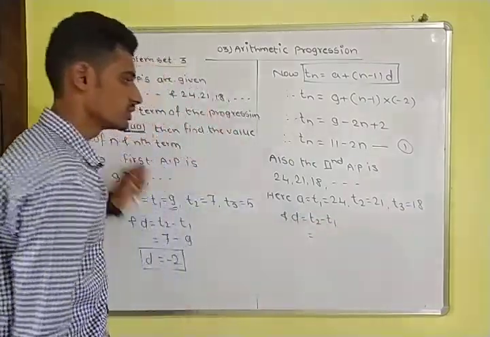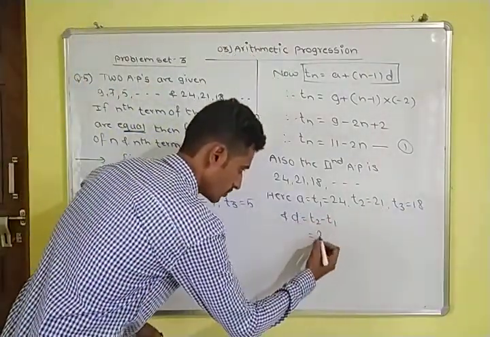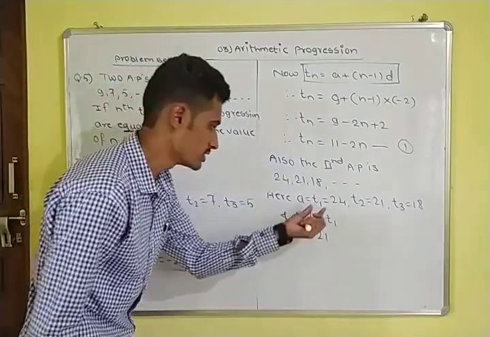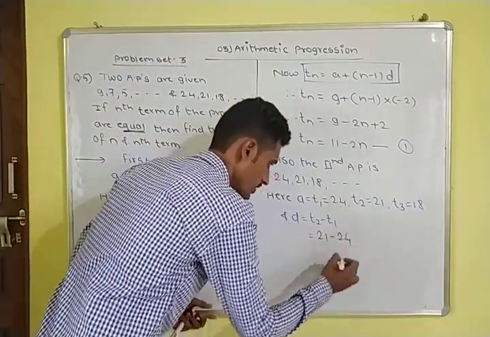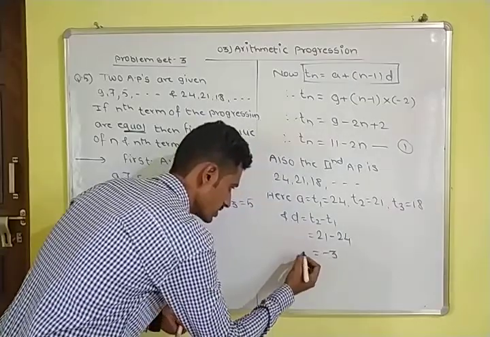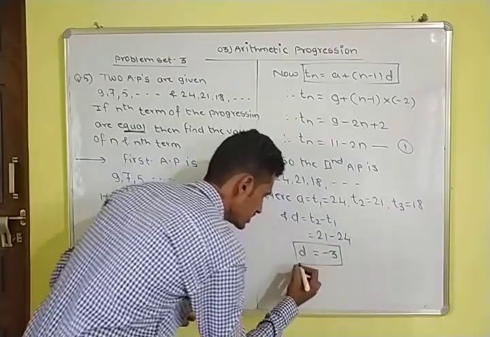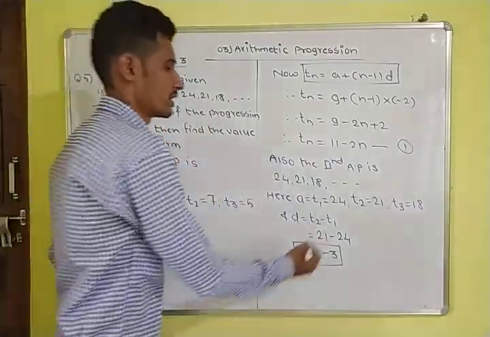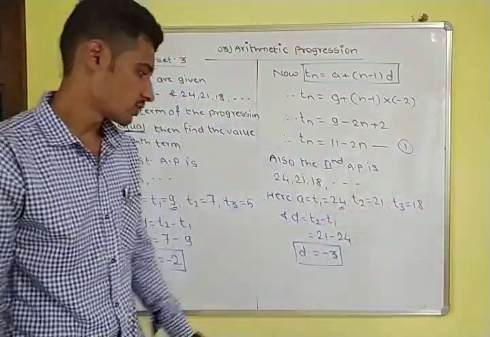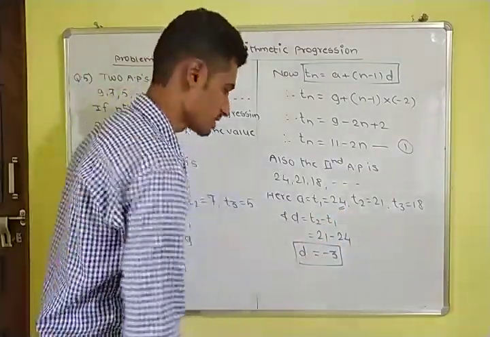The value of t2 is 21 minus t1, and t1 is 24, so 21 minus 24 is equal to minus 3. So the common difference d is equal to minus 3. Here the first term is 24 and the common difference is minus 3.